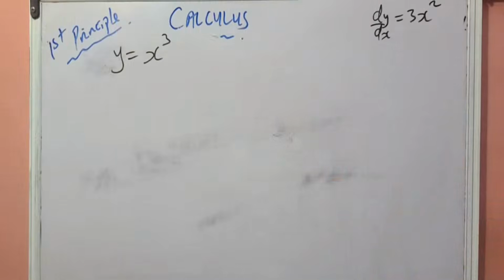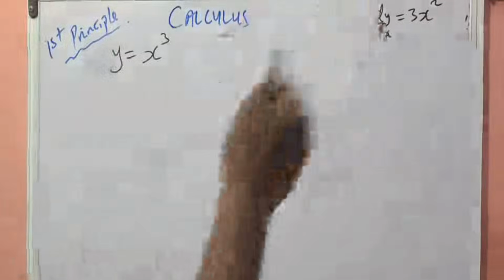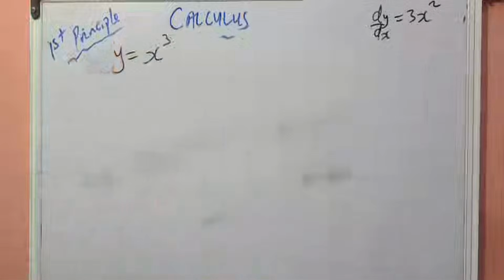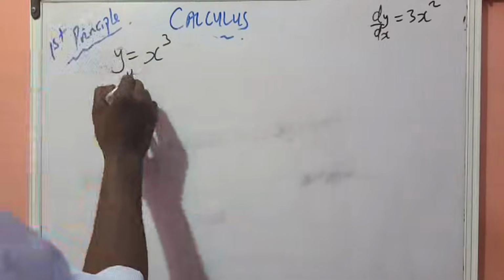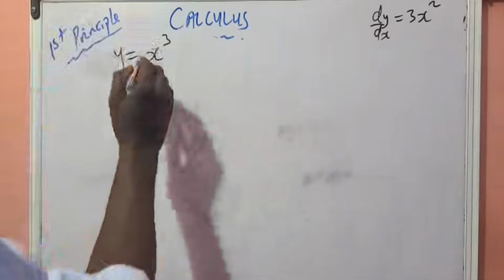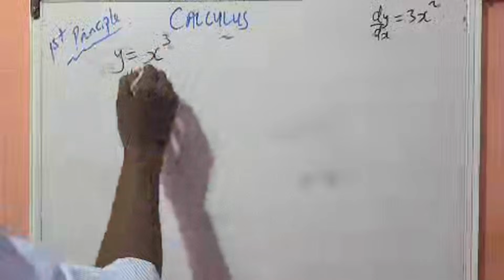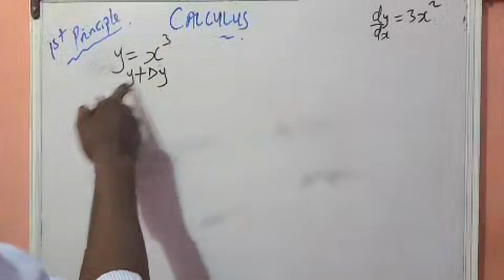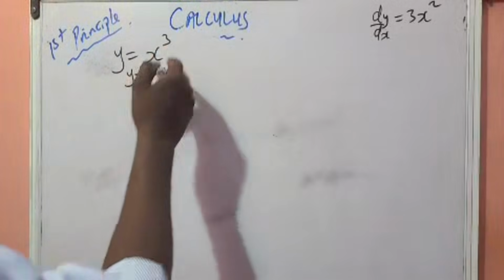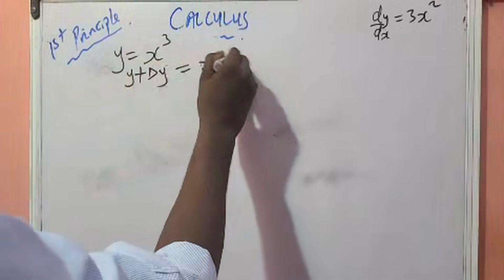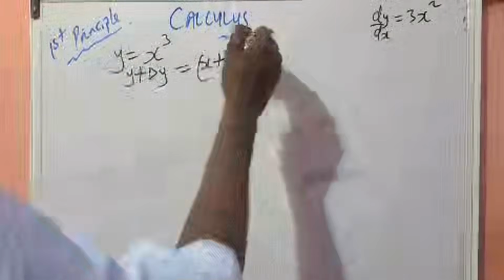So we have y being equal to x cubed. Now, we've already gotten the answer from the general principle, but for the first principle, we have 4 major steps we must walk through. The first is for us to increase both the y and x variables. So this is me increasing it: y plus change in y equals x plus change in x, everything raised to power 3.